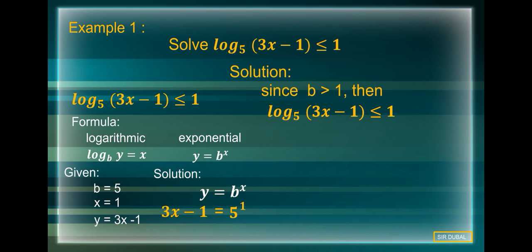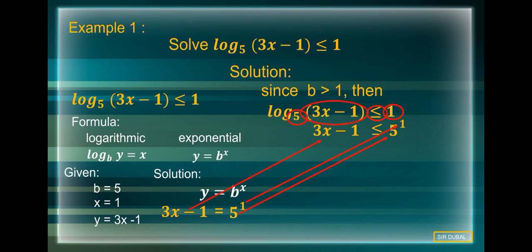We are also going to express that into exponential inequality, since our problem is about logarithmic inequality. For our y, we have 3x minus 1, then copy the inequality symbol, which is less than or equal to. Then our b is 5, and our power x is 1.